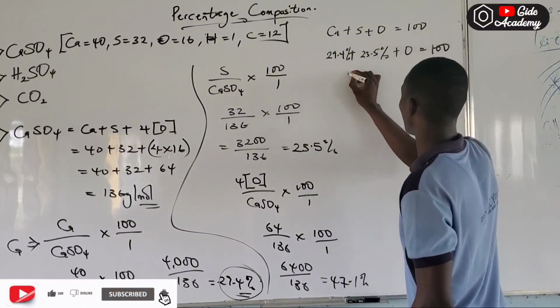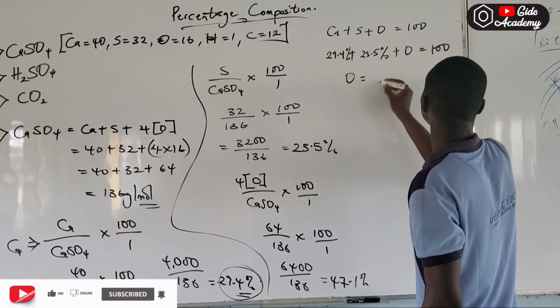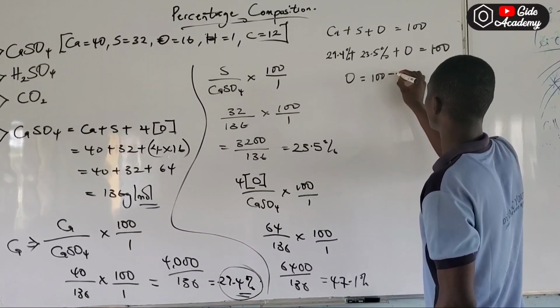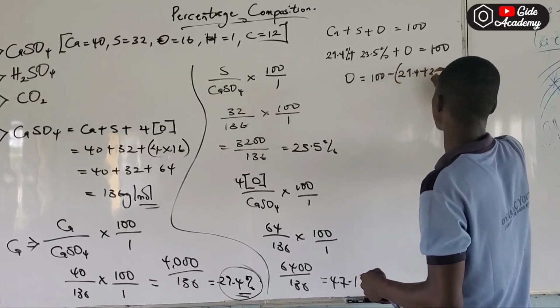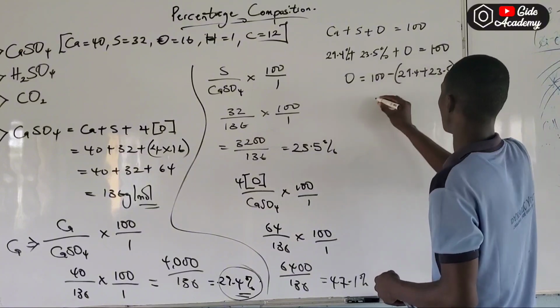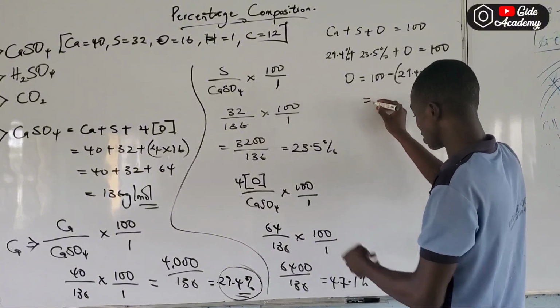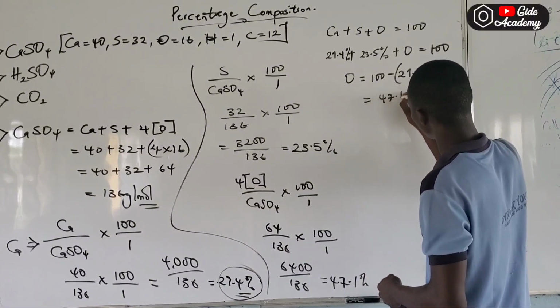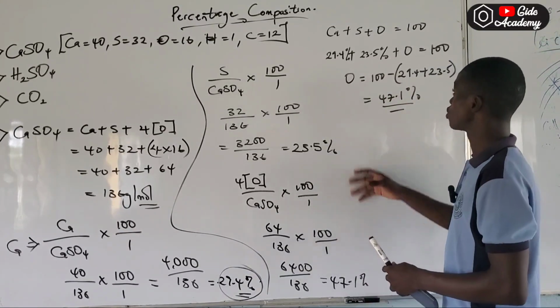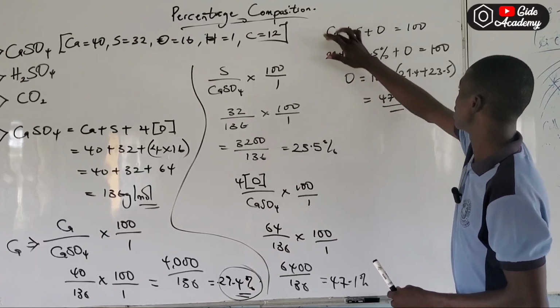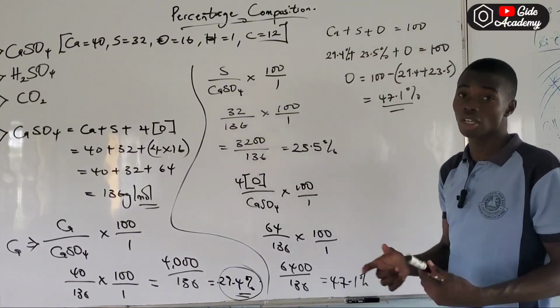So let's collect like terms. I write oxygen is equal to 100 minus 29.4 plus 23.5. If you sum and subtract, your answer will also be 47.1. So in most cases you are not to solve for this last one. Just add these, then subtract from 100, and you are going to get your answer.